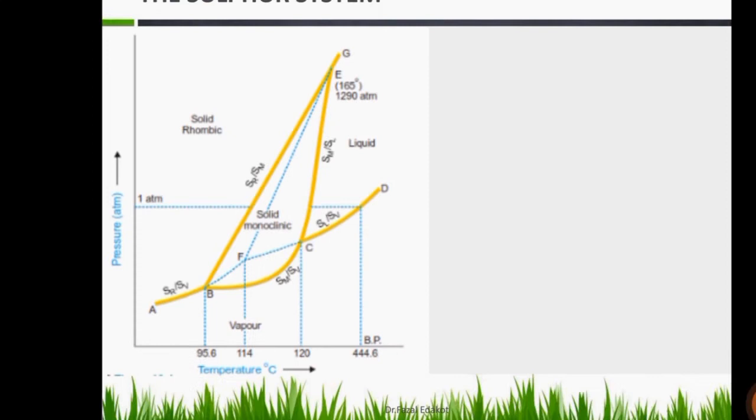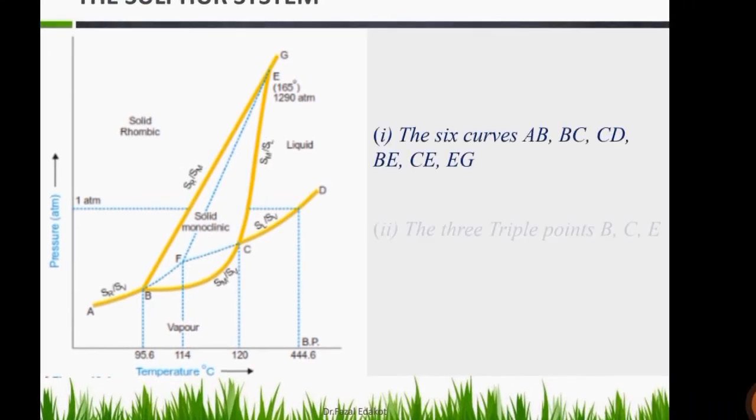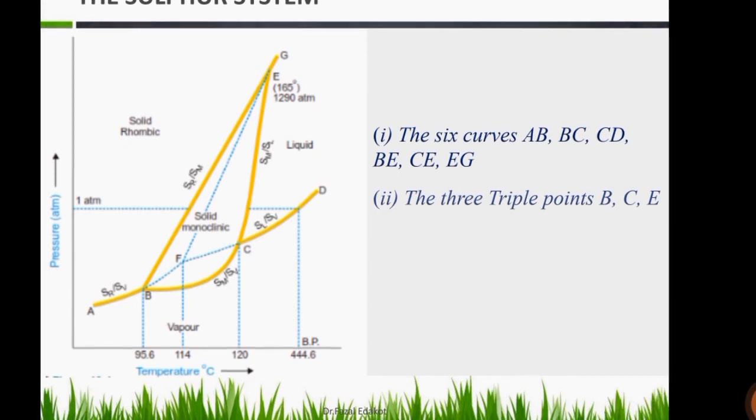Sulfur system. Recall, we have discussed water. There are curves, there are areas, and there are points. Here in this case, there are curves AB, BC, CD, and not only four, there are 1, 2, 3, 4, 5, 6 curves. There are three triple points.